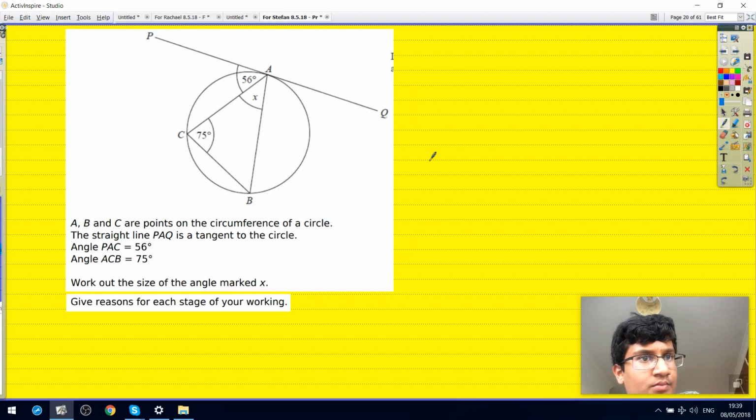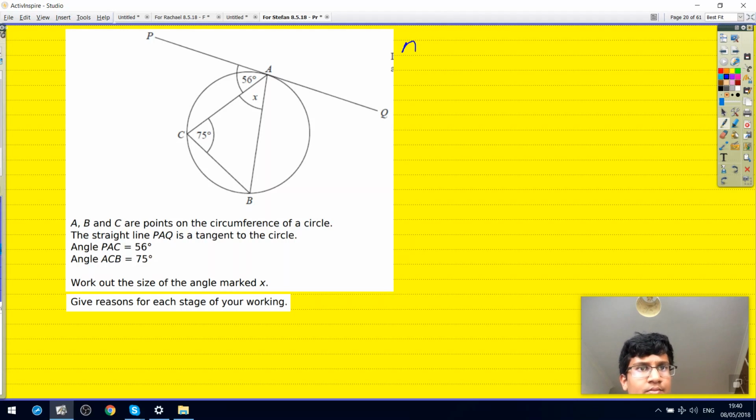Okay, yeah, so angle X would just be, because we know that, no, that's not a radius, is it? So, I don't know. I'm not sure how you could approach this question.